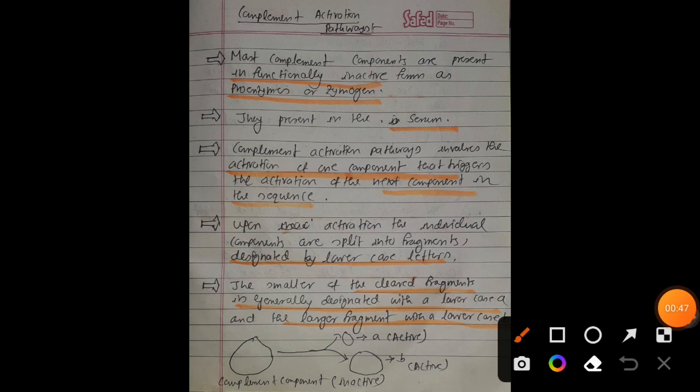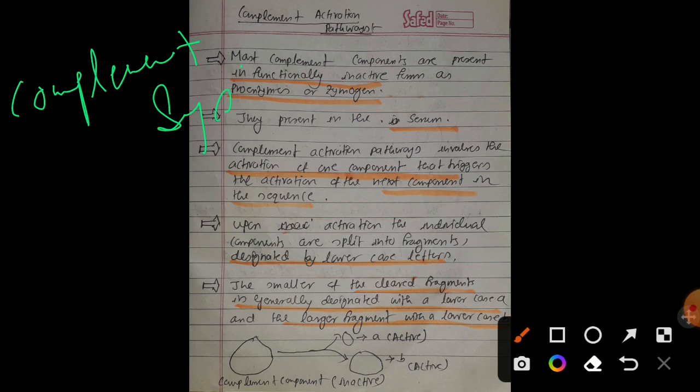So let's start. In the previous video we talked that the complement system consists of complement components, right? And we refer to them as C1, C2, C3 and so on.